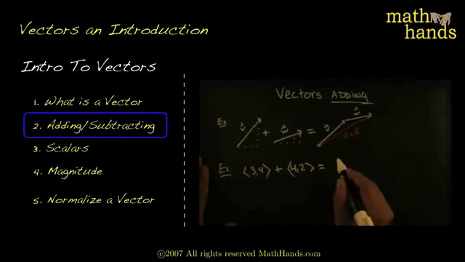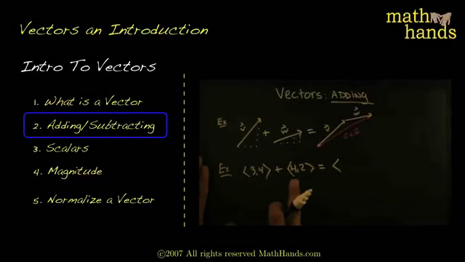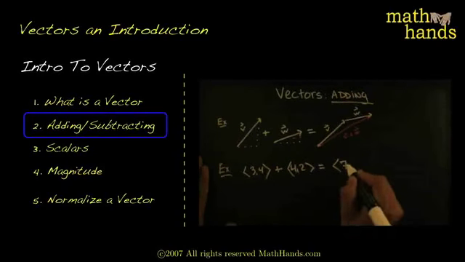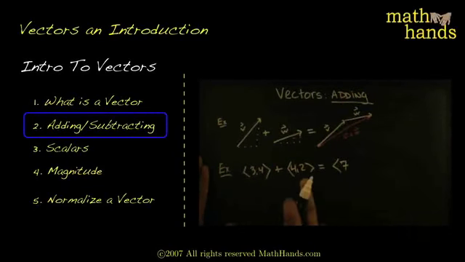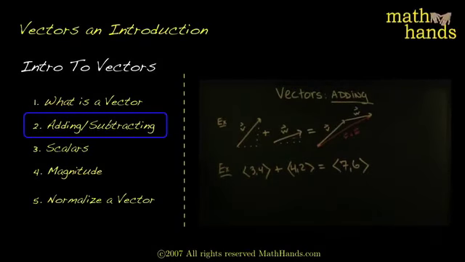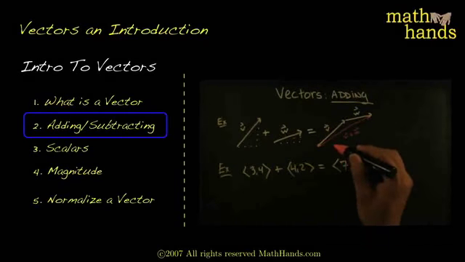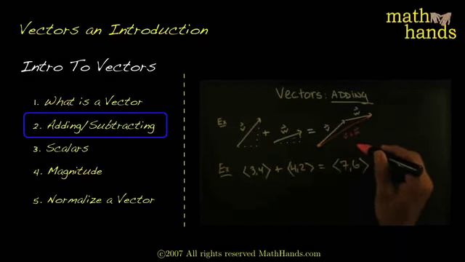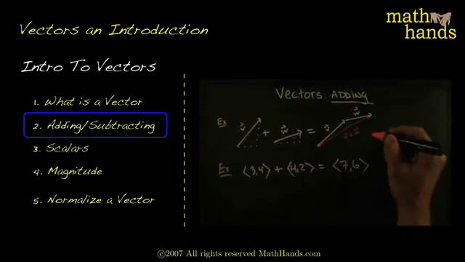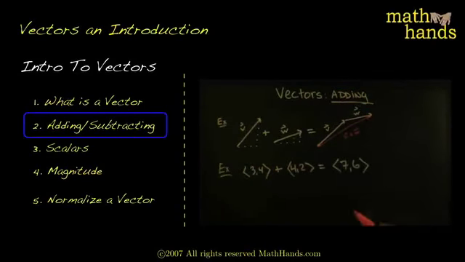The result would be you would add the corresponding x's together. You went 3 that way, and you also went 4 that way, so you went a total of 7 to the right. You went 4 up and 2 up, so a total of 6. That would be the resultant vector. And incidentally, you should be able to check that. It should match with the picture. If you go over 7, 1, 2, 3, 4, 5, 6, 7, and you go up 6, 1, 2, 3, 4, 5, 6.